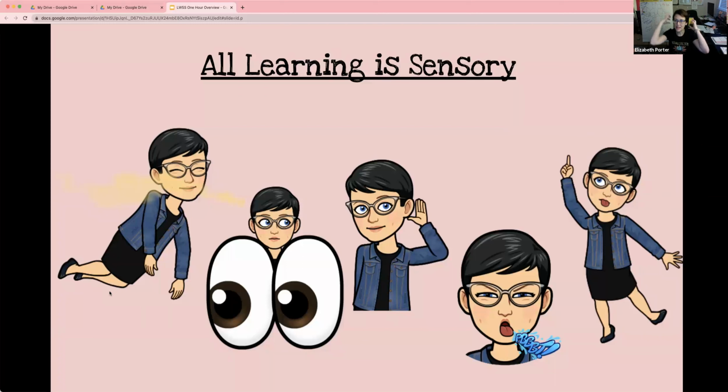So your amygdala is the part of your brain that is the reptilian part. It's the oldest part of your brain. And it is the fight or flight. So it is what was developed when you had a prehistoric man or woman being chased by a saber-toothed tiger and they had to survive, right?